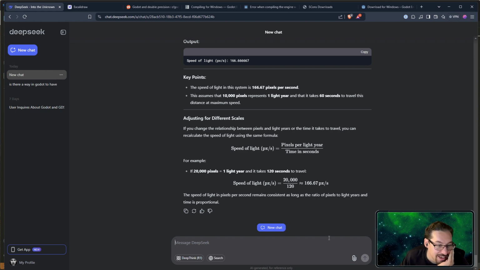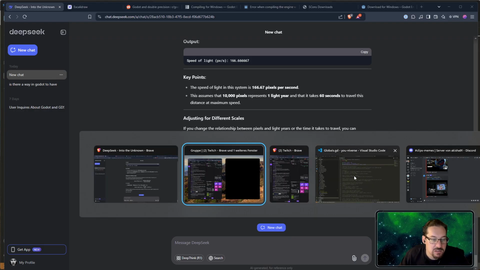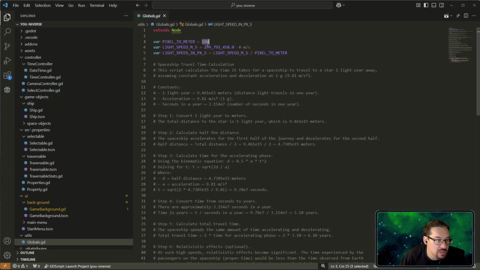Finish that. Pixel per light year time in seconds. Okay. So light speed would be 166.67 pixels per second. Let's just plug in these things and see what happens.